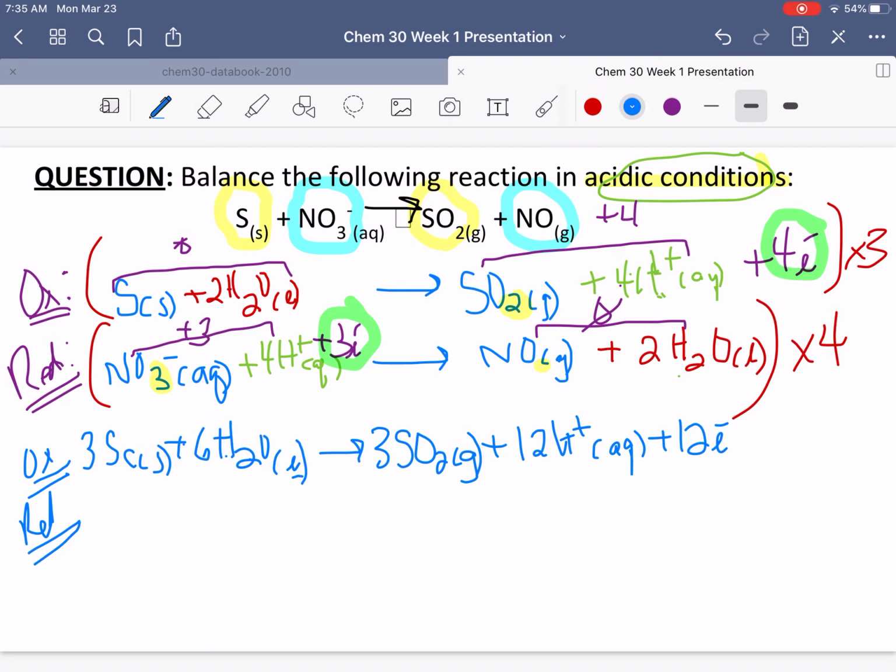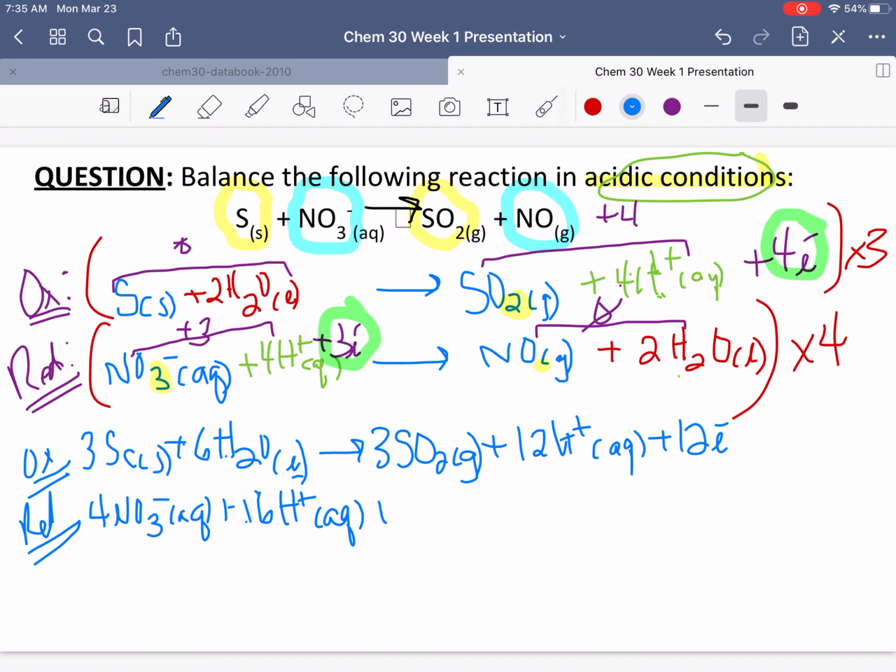The reduction reaction, vice versa, we had 1 nitrate, so now times that by 4. We have 4 nitrates, plus there were 4 H pluses. So now 4 times 4, we've got 16 H plus coming off of there.